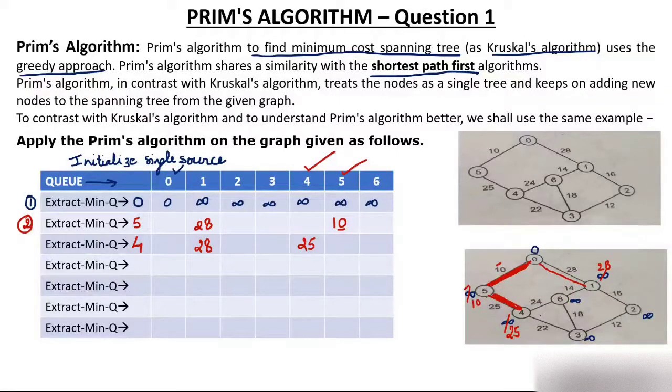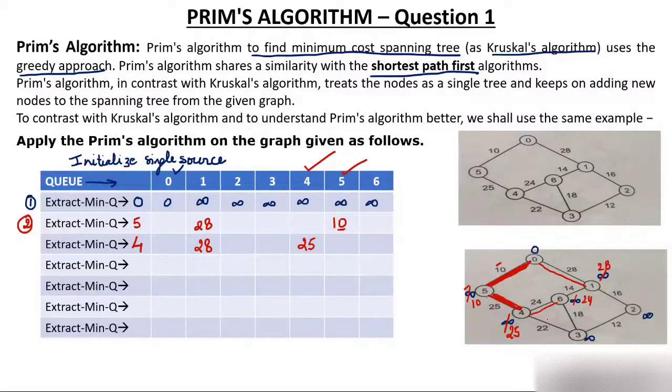Fine. And now find the adjacent of 4. So adjacent of 4 is 5 also. Can you use 5? No, because we have already processed 5. I will not do anything with 5. But the other nodes adjacent to 4 are 6 and 3. Now you take care of this. So this is 24. This is infinity. So what will it become? 24. So make a double line.